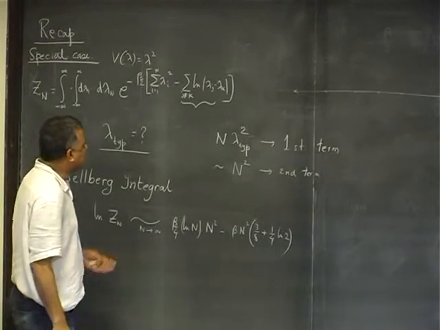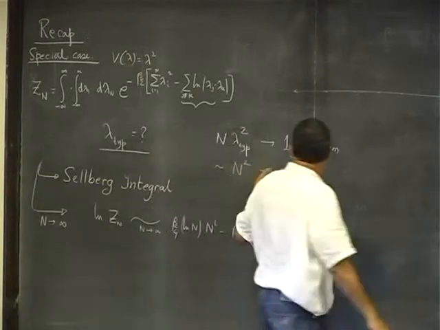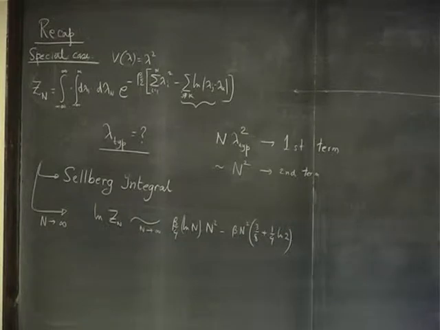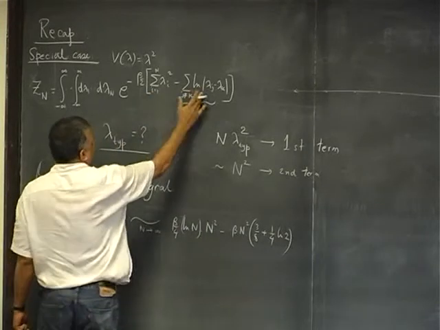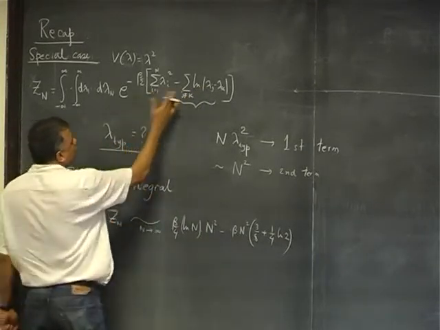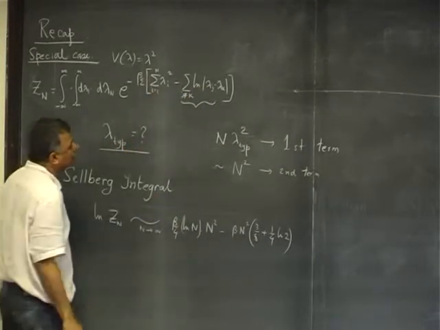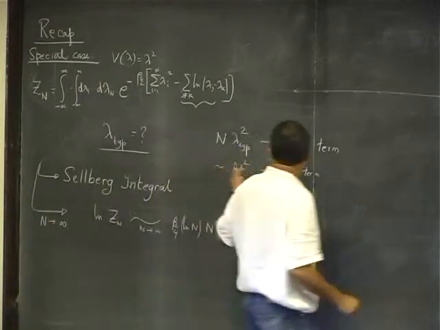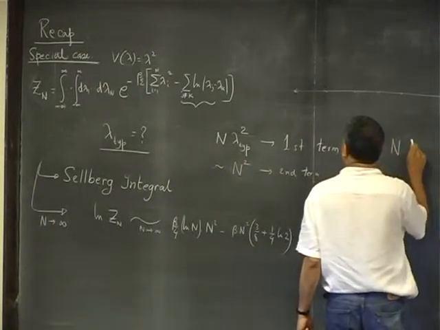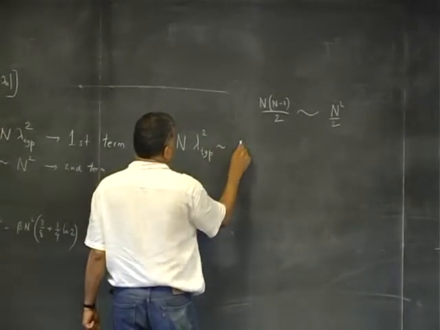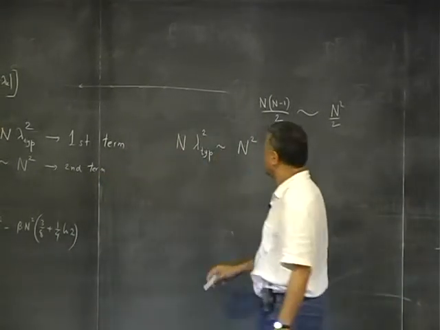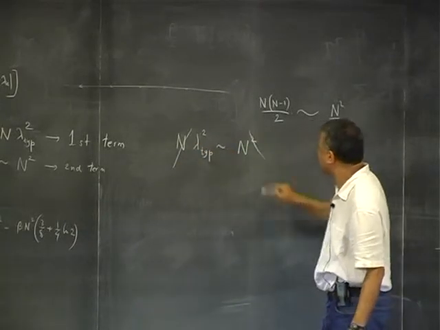The system will go into a state such that both terms contribute. Which means that at equilibrium, these two energies will balance each other. So the first term should be the same order as the second term. You cancel one power of n.